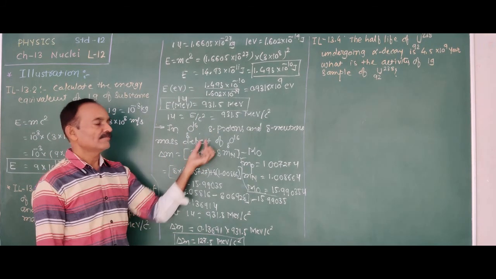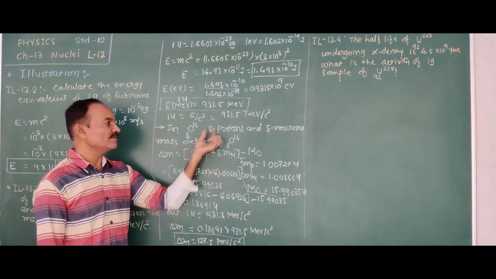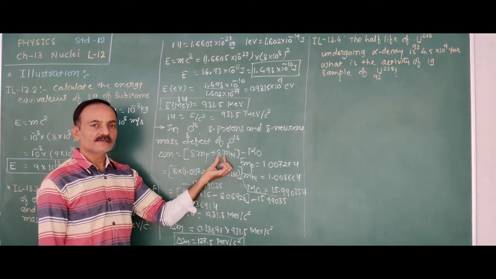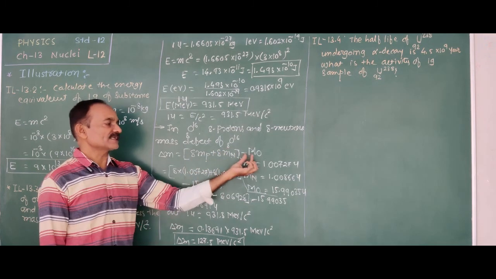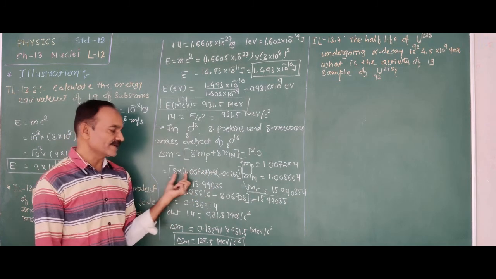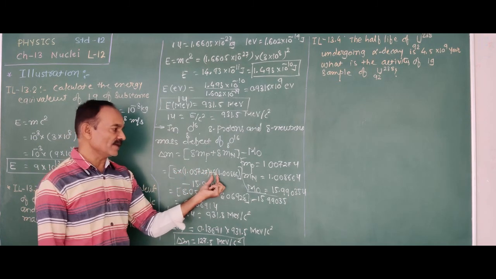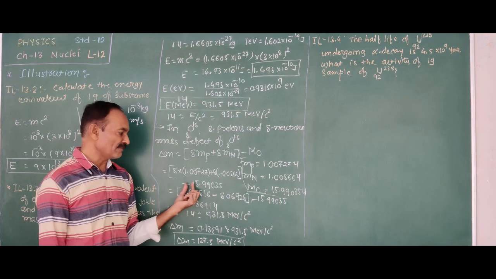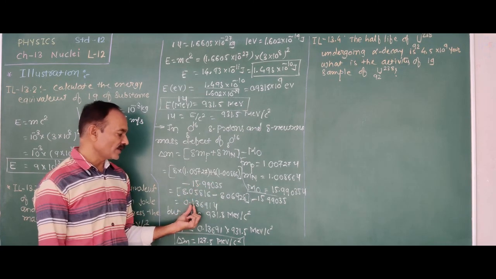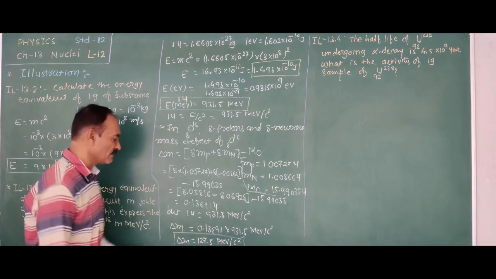We know the equation of the mass defect, delta M is equal to 8 times mass of proton, because 8 protons are present, plus mass of 8 neutrons. From this, subtract the mass of the oxygen. So here we substitute 8 into mass of proton plus 8 into mass of neutron minus mass of oxygen. We obtain this value 0.13691 atomic mass unit.